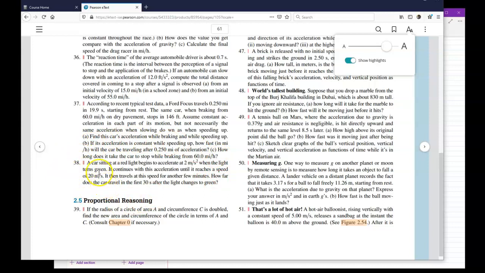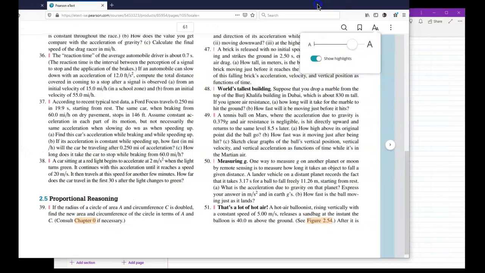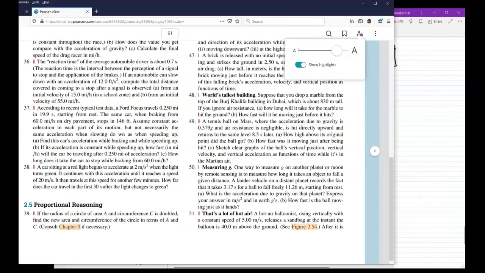Okay, it says a car sitting at a red light begins to accelerate at 2 meters per second squared. Okay, so we know the initial velocity is 0. Let me just put it on the side like that.